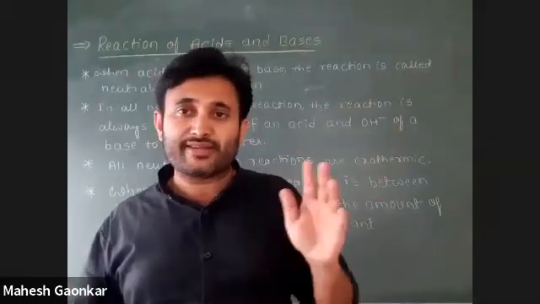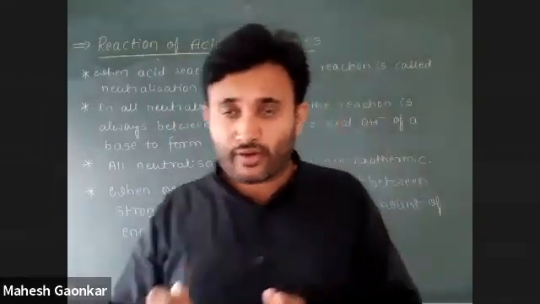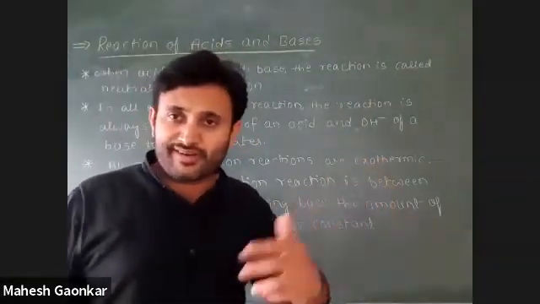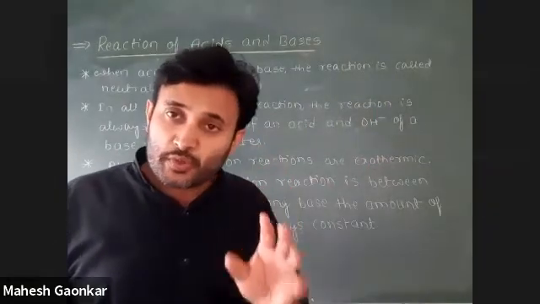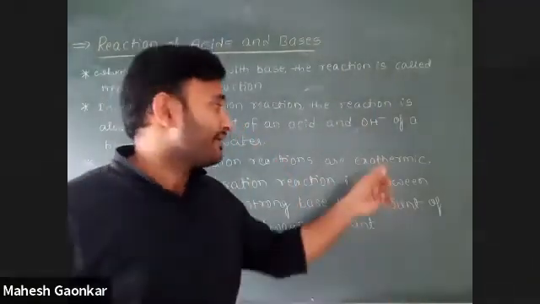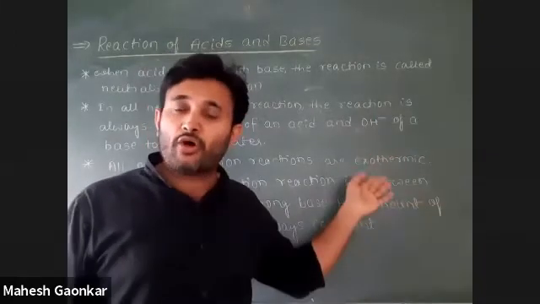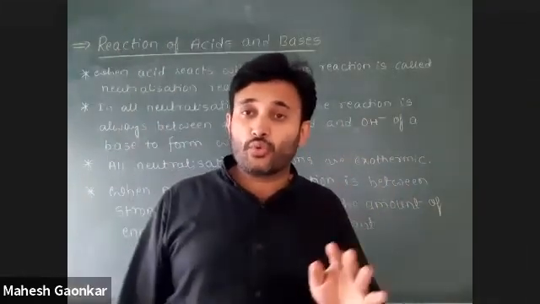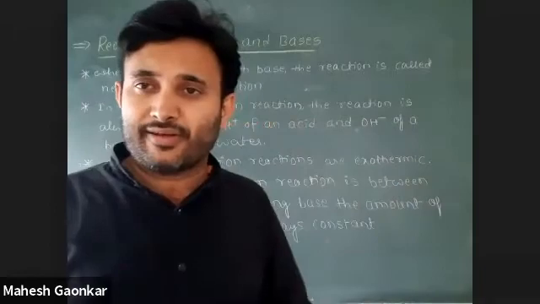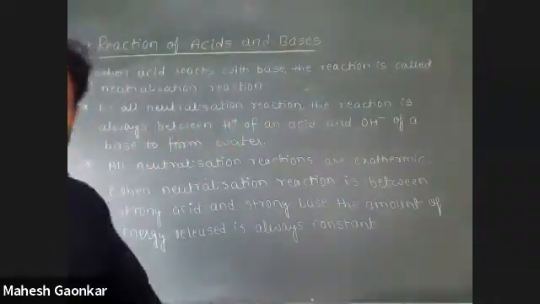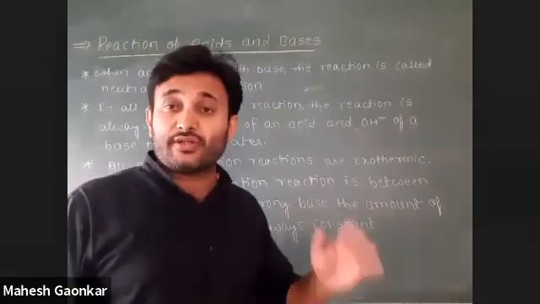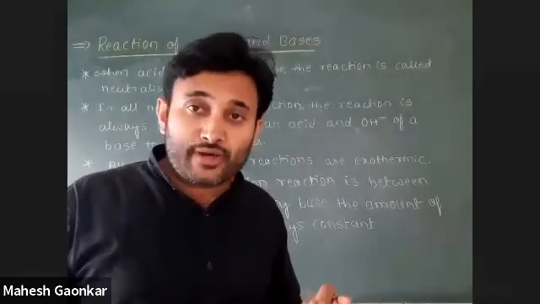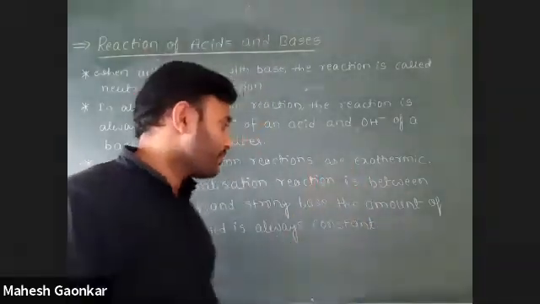So if it is between strong acid and strong base, then any which way it is exothermic, and the amount of heat or energy released is always constant. 52.2 kilojoules of energy will be released, and that value is not required for you. I'm just telling you. Hope that's clear.